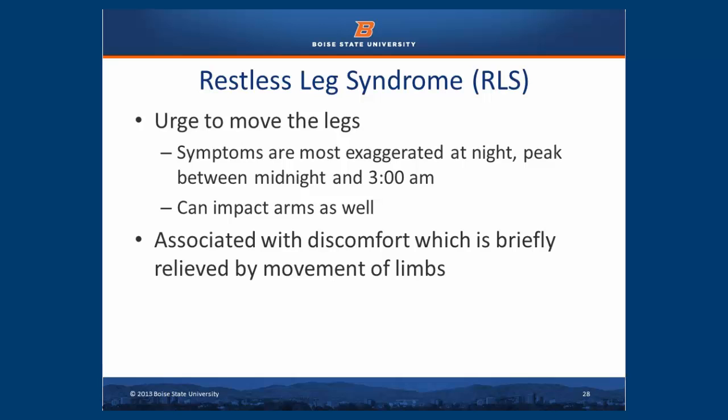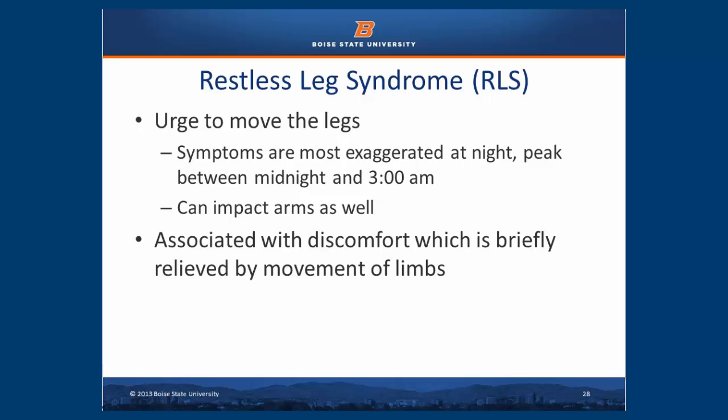Restless leg syndrome is pretty self explanatory as far as the symptoms: an urge to move the legs. However, it can also impact the upper extremities. Symptoms typically peak at night between midnight and 3 a.m., and there is discomfort associated with the urge to move the extremities, which is briefly relieved when the limbs are moved.